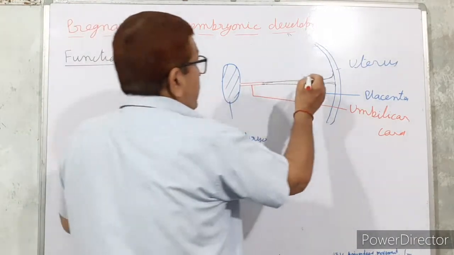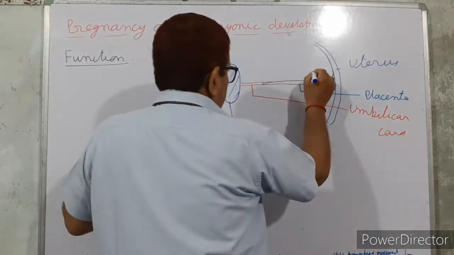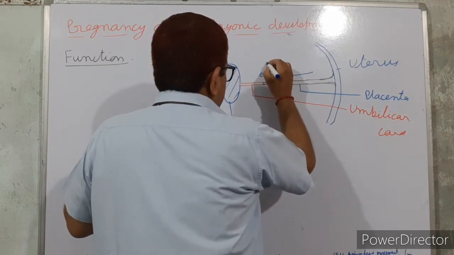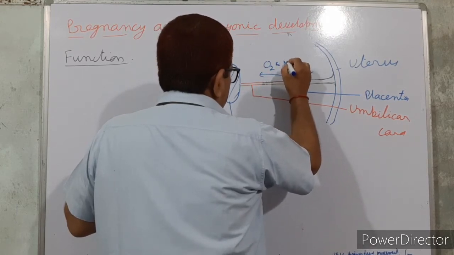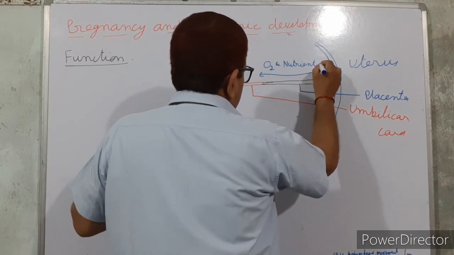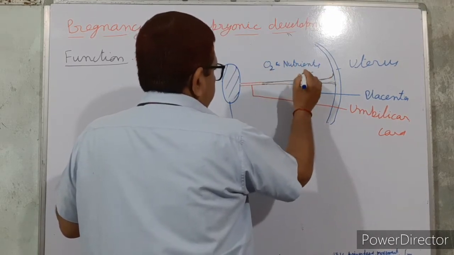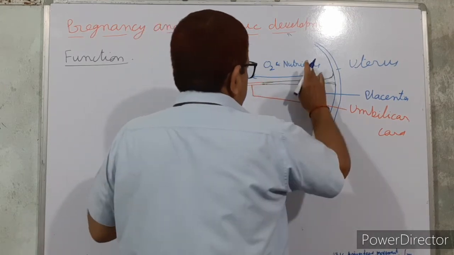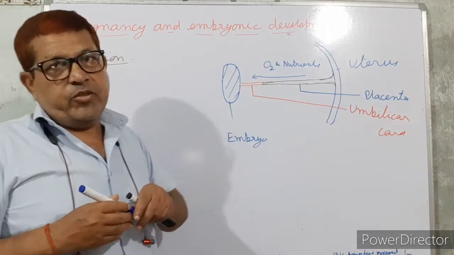So here it transports oxygen and nutrients. Transportation of nutrients takes place from the mother to the fetus. Oxygen and nutrient.